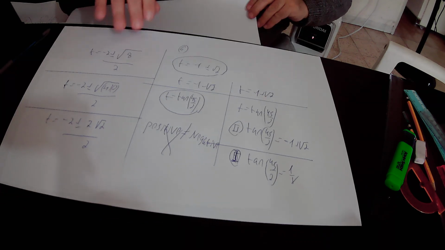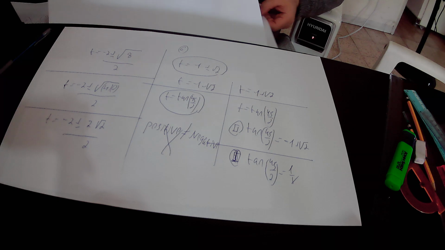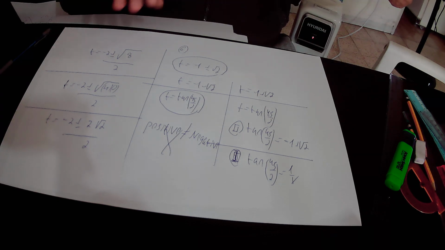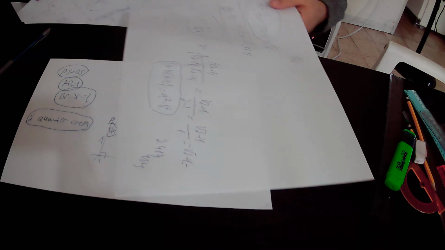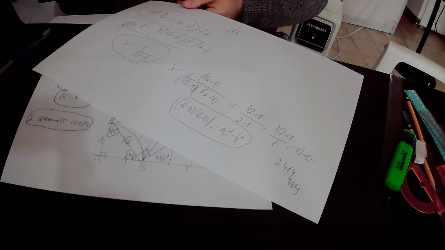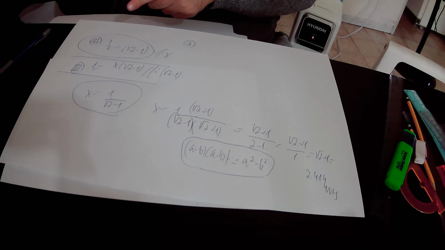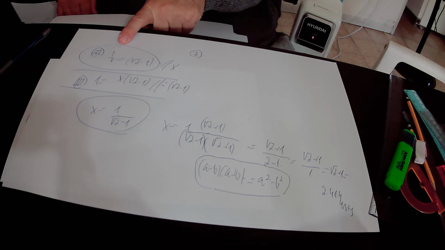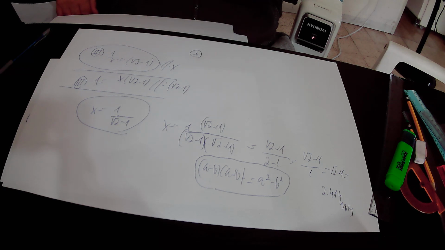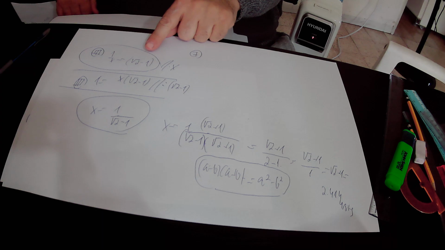So here we have tangent of 45 over 2 degrees according to equation number 1 is 1 over x, and it must be equal to tangent of 45 over 2 degrees according to equation number 2, that is the square root of 2 minus 1.